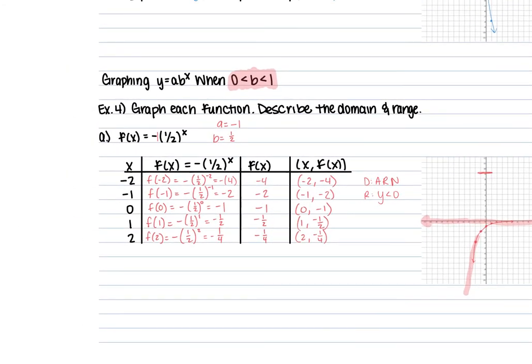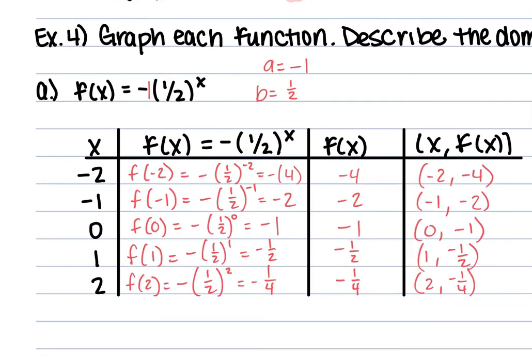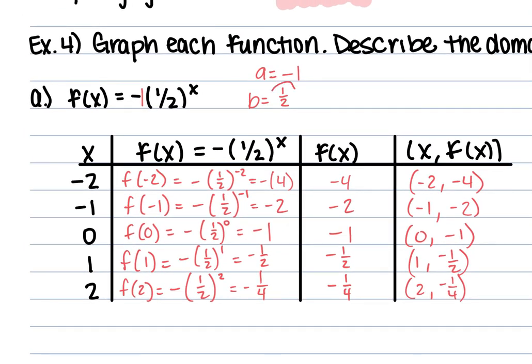What about the last one that we did? Okay, go back up. Our b was what? 1/2, right? What's -4 times 1/2? Or divided by 2. What's -4 divided by 2? -2. What's -2 divided by 2? -1.